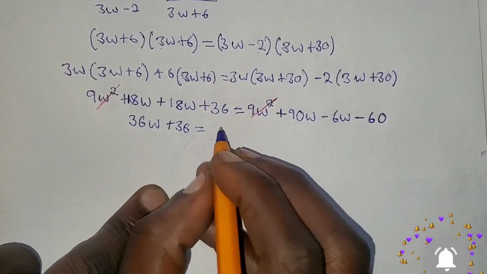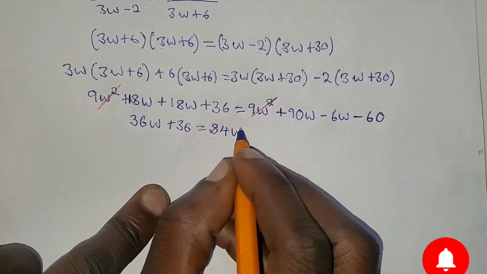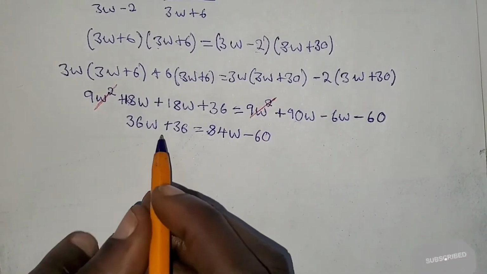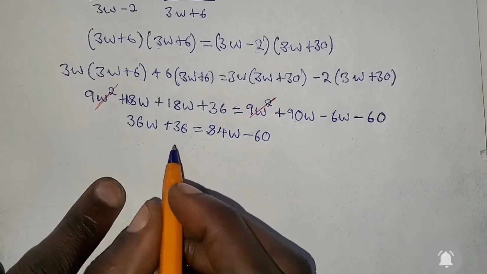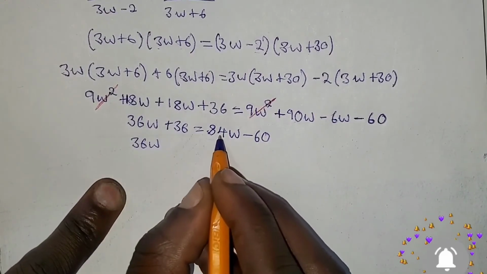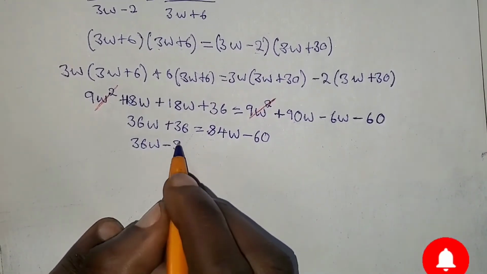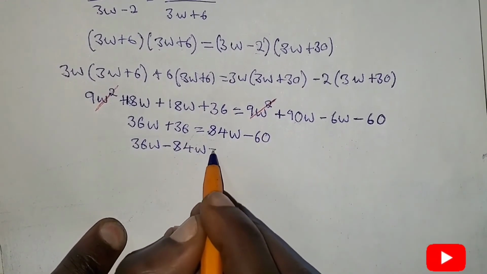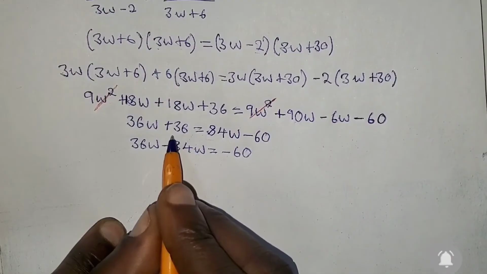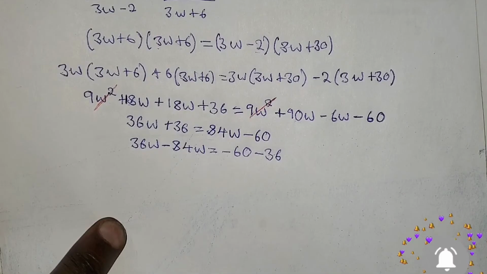So 84w minus 60. Now here is easy, we can collect like terms. We say 36w, this 84w will cross the equal sign and become minus 84w, is equal to negative 60 already here, then this positive 36 will become minus 36 this side.